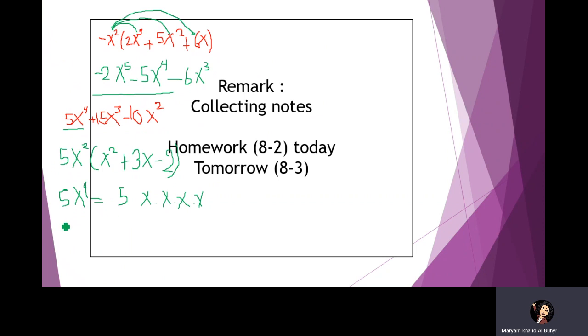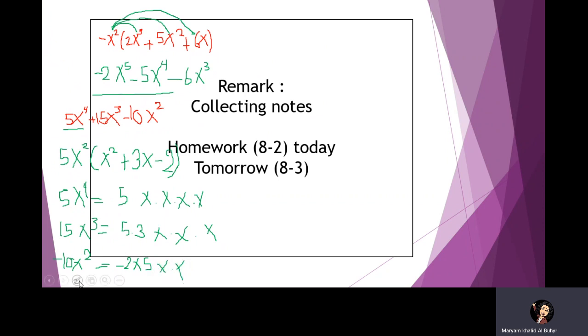The second term, 15x to the power 3, directly will be 5 times 3 times x times x times x. Finally, the last term, negative 10x to the power 2, equals 2 times 5. Don't forget the negative, times x and x.